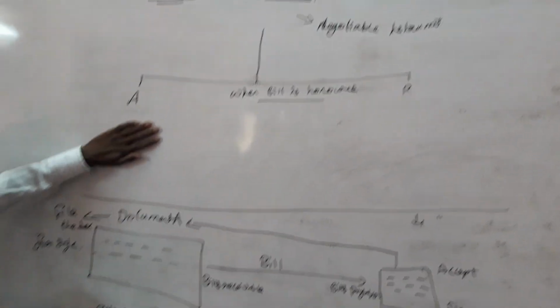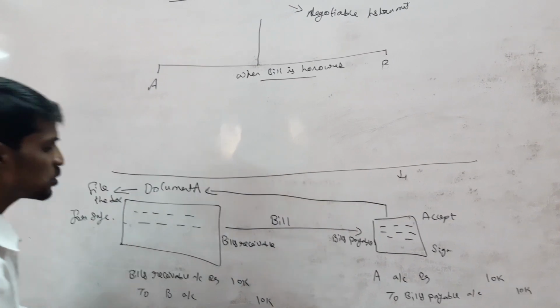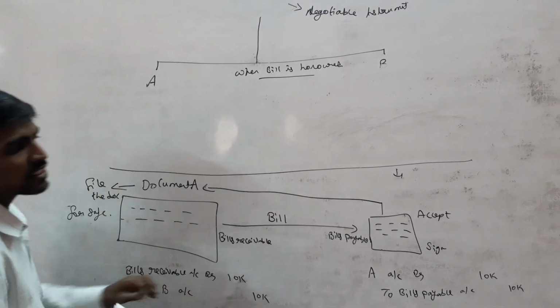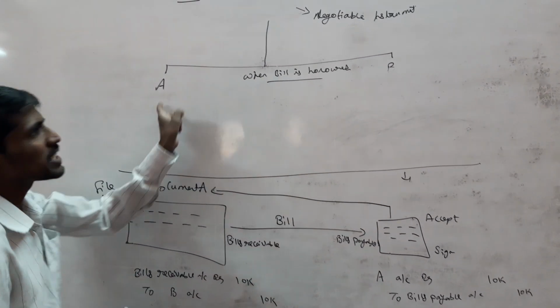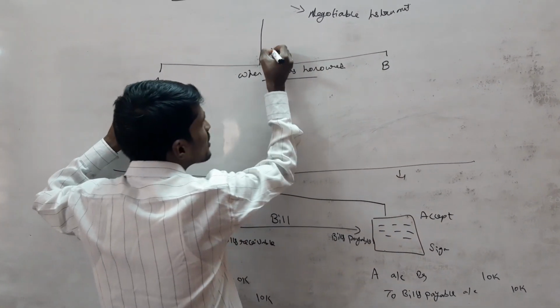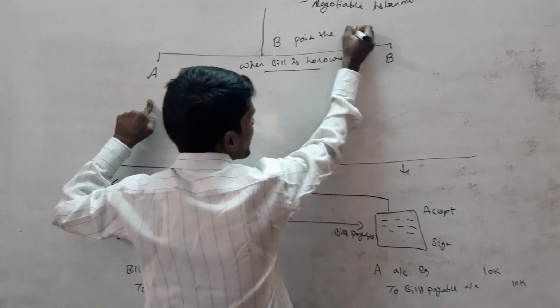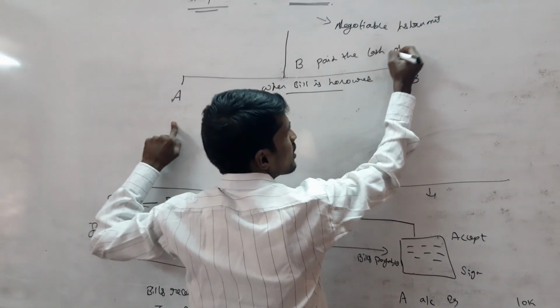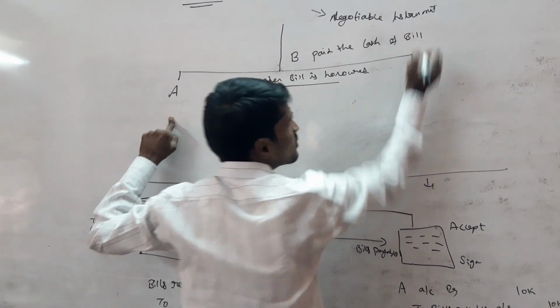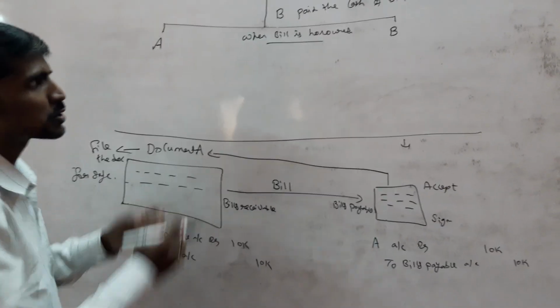The bill is with B, A, and he has to pay the cash. So now at a certain period, B is ready to pay the cash. The entry is B paid the cash of the bill. This is the entry. So for this we will prepare the journal entries in the books of A and the books of B.